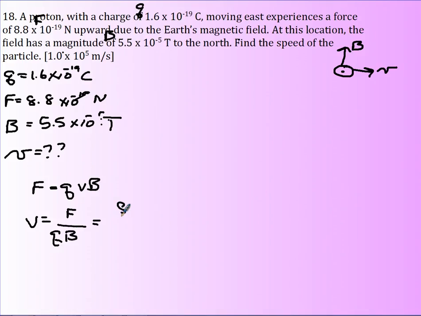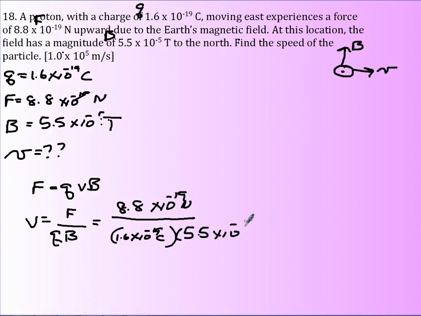So the force is 8.8 times 10 to the negative 19 newtons. The charge is 1.6 times 10 to the negative 19 coulombs. And the magnetic field is 5.5 times 10 to the negative 5th Teslas. And you get 1.0 times 10 to the 5th meters per second.